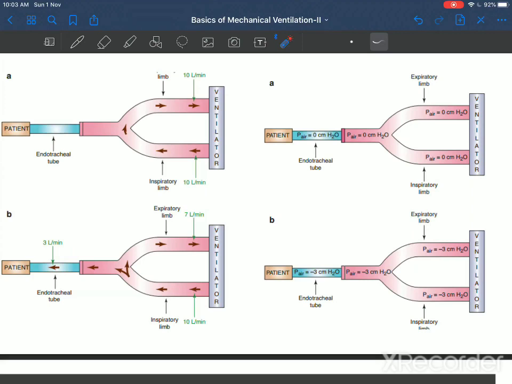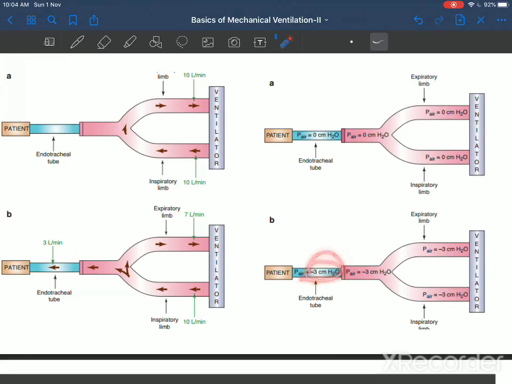If you see the second diagram, what you see is the pressure in the tubings is basically 0 during expiration. Correct? During expiration there is going to be no pressure except your PEEP. So forget about that for a second. The airway pressure is also 0. If the patient is going to take a breath in, then the airway pressure becomes negative.